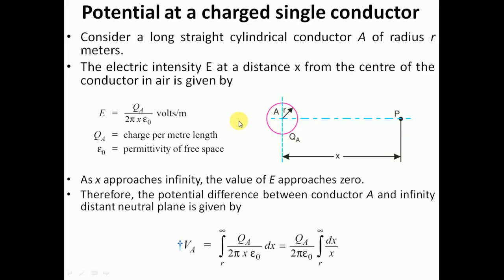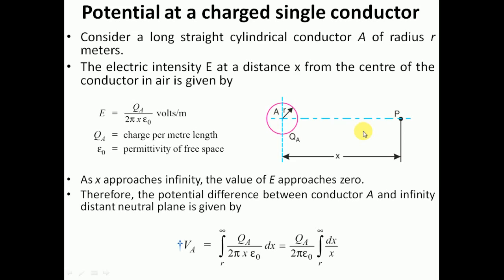Then using the Gauss law, we can write the relation: closed surface integral of epsilon E dx is equal to q enclosed. As we have considered the Gaussian surface as a cylindrical one having unit length, its closed surface area can be represented by 2 pi x into 1.